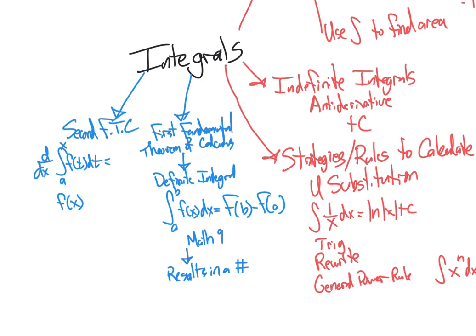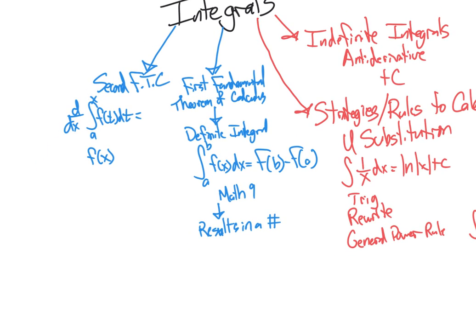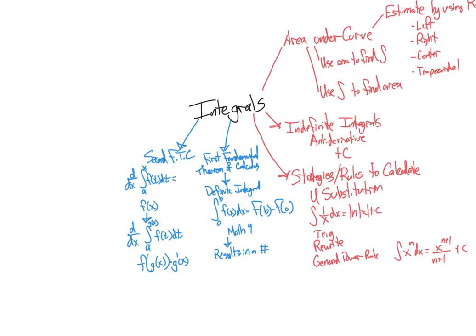So the derivative of the integral cancels out, and I'm going to write a as g of x. If we have something up there that's a function of x and not just x, then you put the function in and you multiply it by the derivative. So that's the second fundamental theorem of calculus.